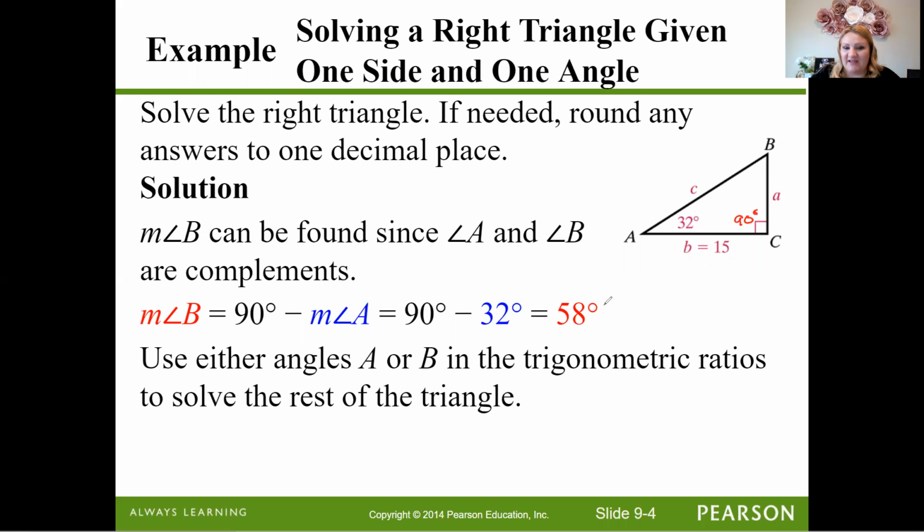Either angle A or B in the trig ratios can help us solve for the remaining sides. So if we have 90, this is 32, this angle would be 58 degrees. We are still missing side lengths A and C, but we know side length B is 15.